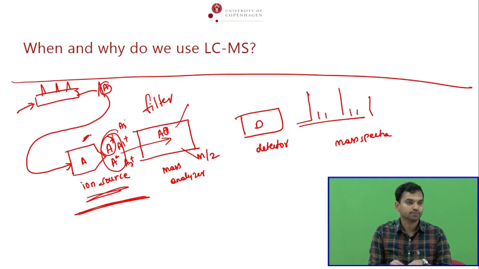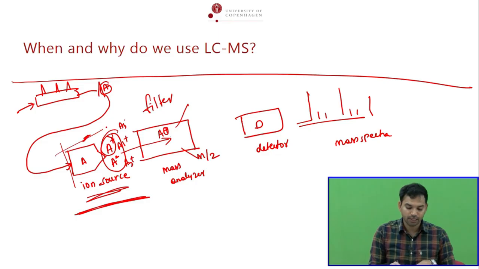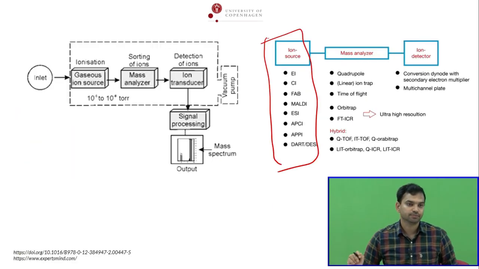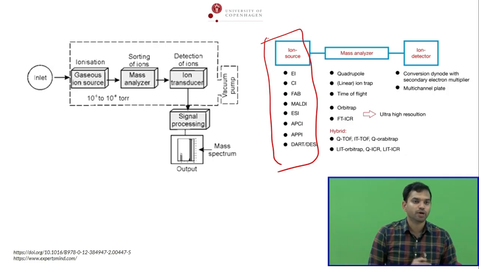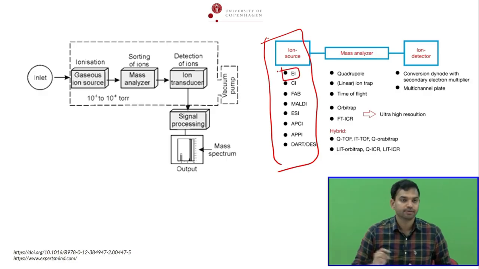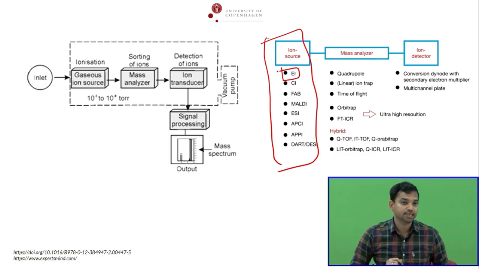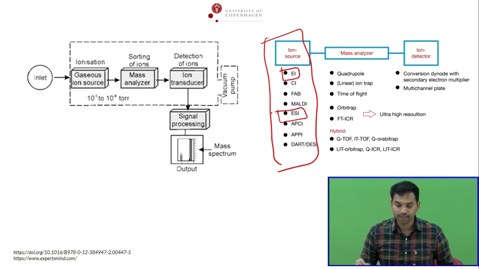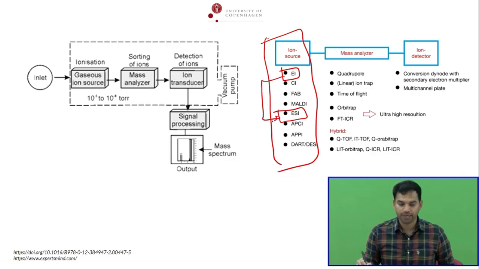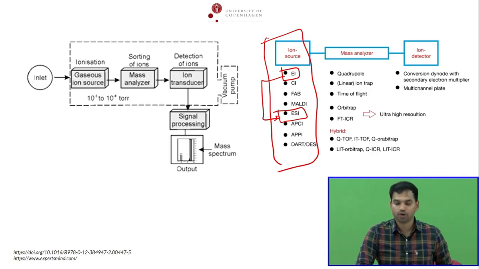A number of different types of units are available commercially, and depending on what you want to ionize, you can buy the one you want. The most commonly used is EI, electron impact ionization, especially in GC, and ESI, electrospray ionization, especially in LC. MALDI is also used in protein science. I'll try to cover only these two today, EI and ESI, the most commonly used.